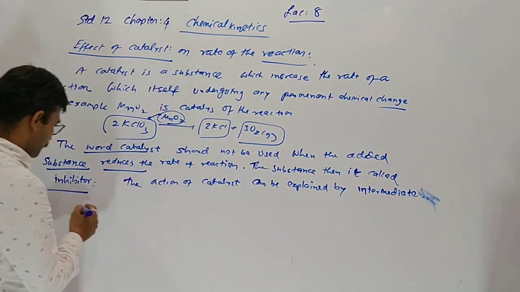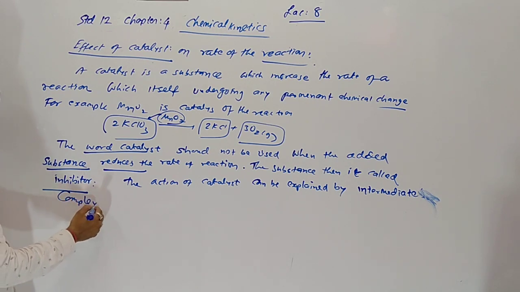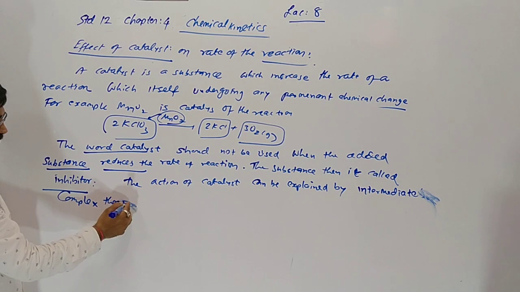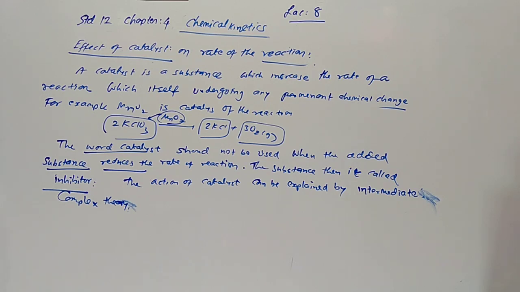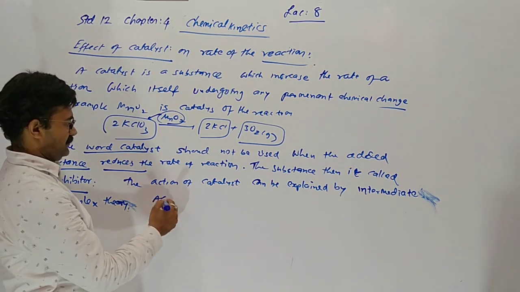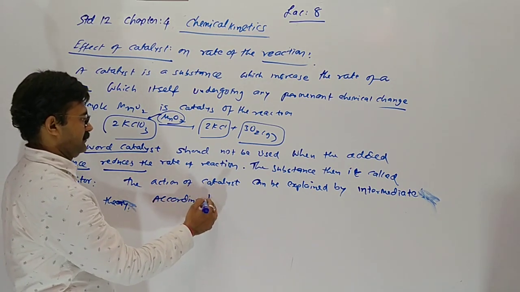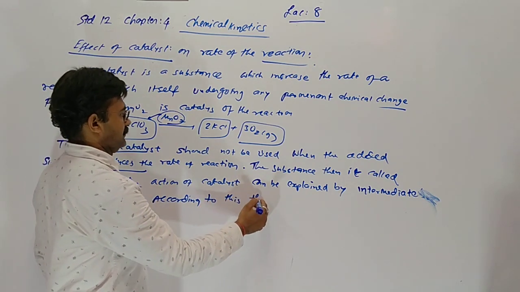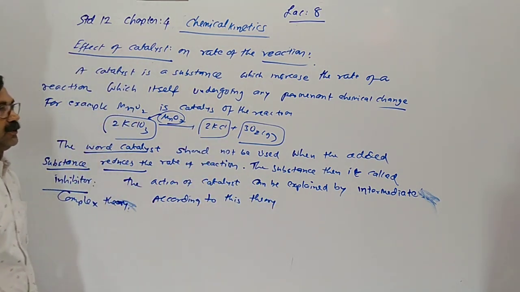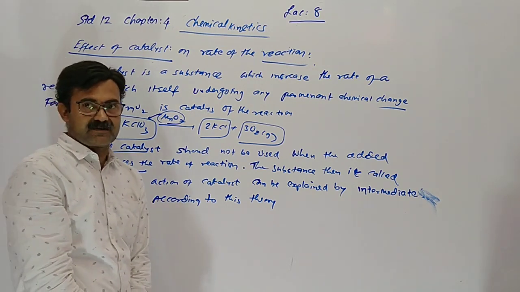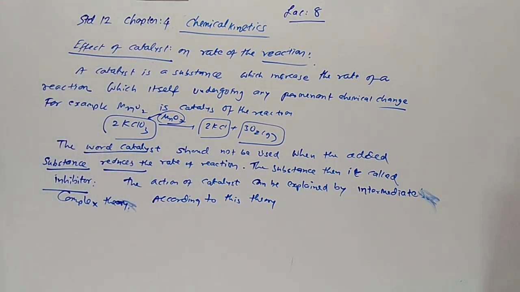It means first our catalyst reacts with the reactant and makes a complex compound. According to this theory, a catalyst participates in a chemical reaction by forming a temporary bond with the reactant.